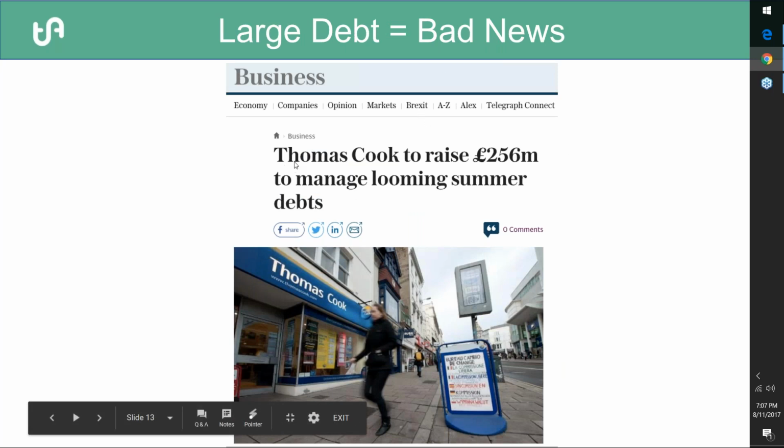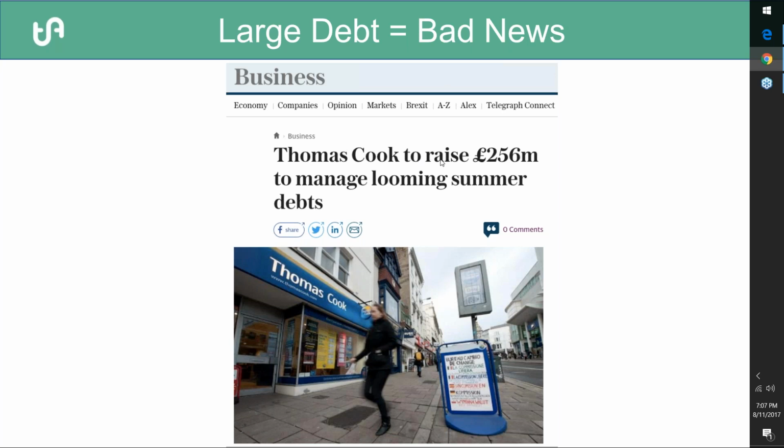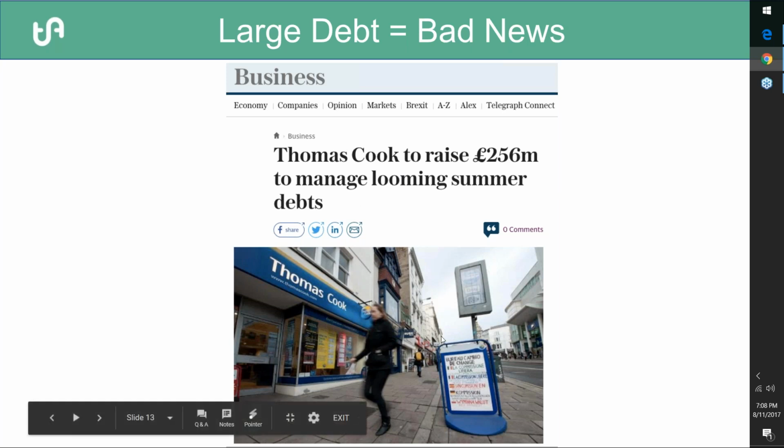It says Thomas Cook to raise 256 million pounds to manage looming summer debts. Now can someone tell me, is this good news or bad news? Is this good news or bad news? Is this good news or bad news?